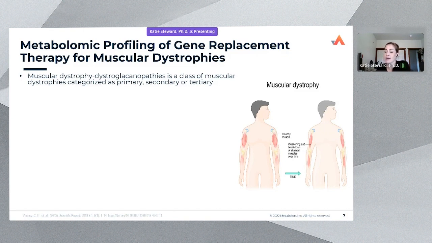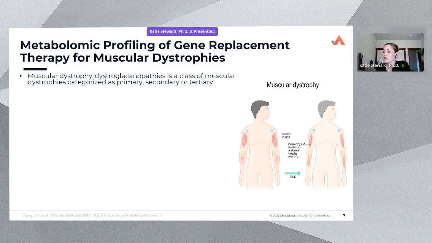And those primary, secondary, and tertiary categorizations can be classified as the primary is really a defect on the gene that encodes for the dystroglycans. The secondary is a missense or a mutation on the genes participating in the maturation of the glycans.